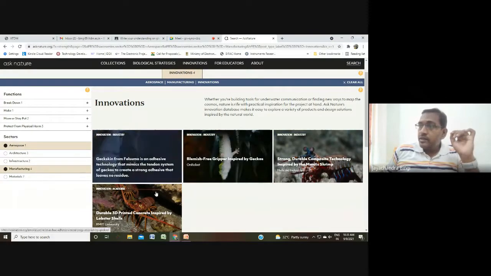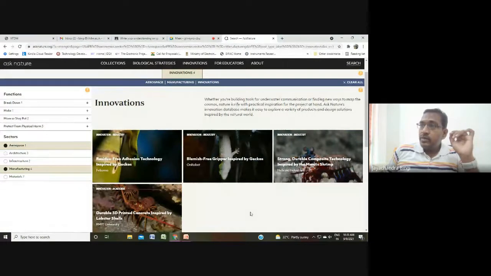Manufacturing: residue-free adhesion technology inspired by Gecko. Everybody knows this, I think. By the time people know Gecko, even the name of that sticky thing is Gecko. And this, durable 3D printed concrete inspired by lobster shells. I think Ravi asked this one only.